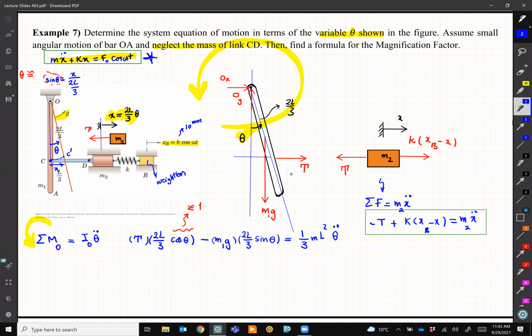Oh, this is M1, right? Oh, you're right, because this is the center of gravity. Thank you. So this is G, and this is L over 2. Right, thanks. Center of mass is L over 2. Okay, so we're good now?